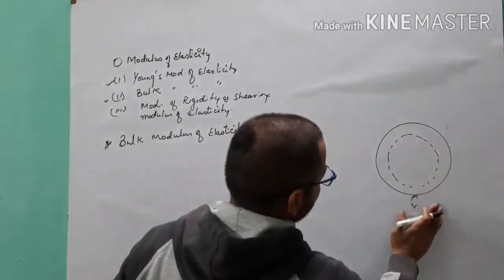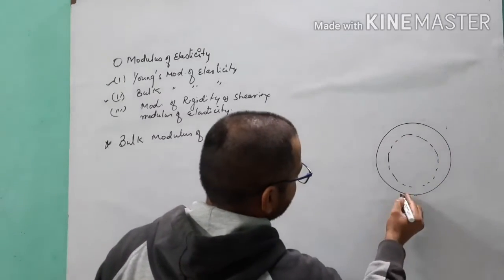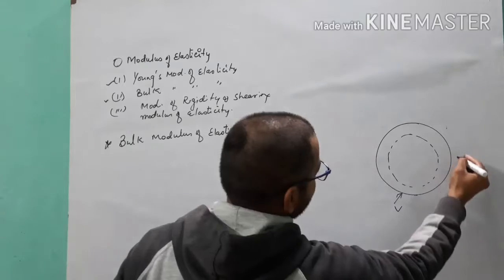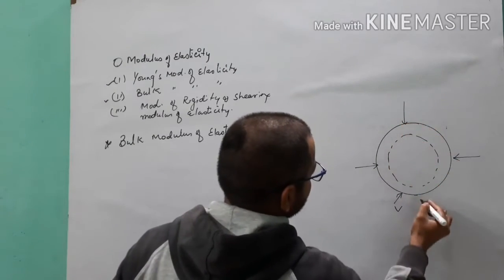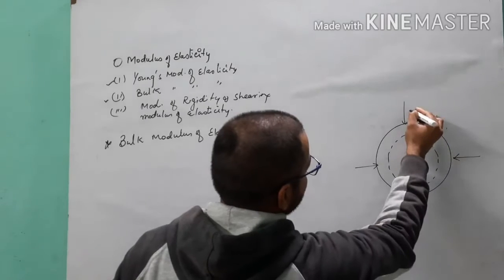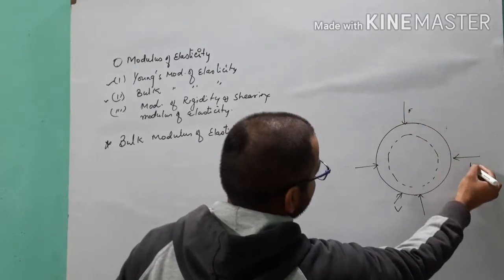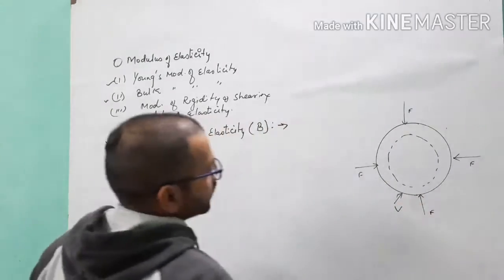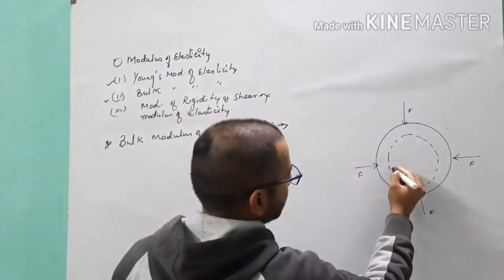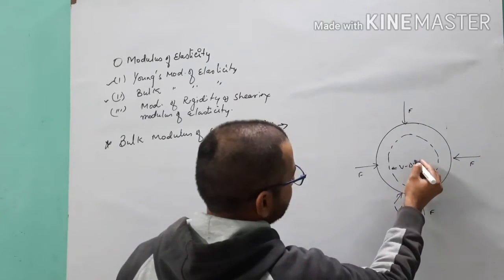See here, suppose the body initially has volume V. Point clear? And after applying normal stress from the outward direction, the body's volume is reduced from V to V minus delta V.